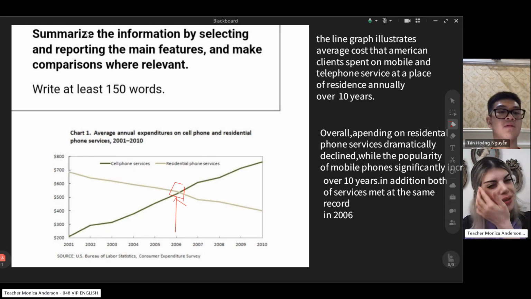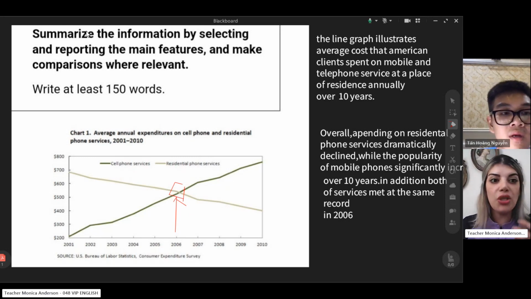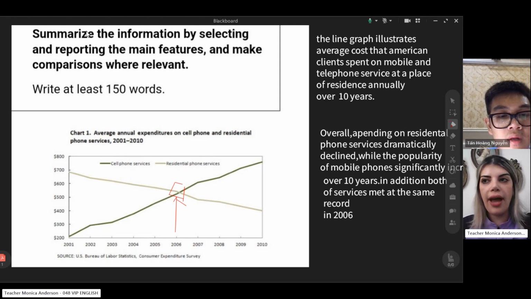It's not really common in IELTS to have more than 3 lines, because we don't have enough time to write about all of them. So it will be really time consuming to write about more than 3 or 4.